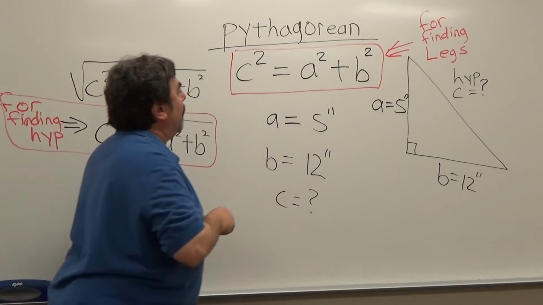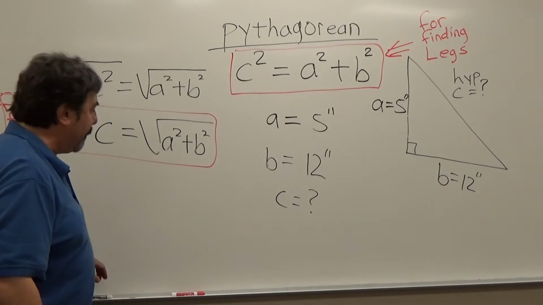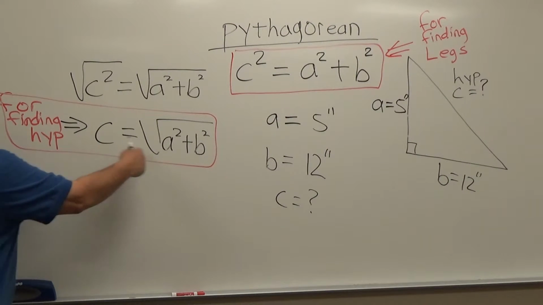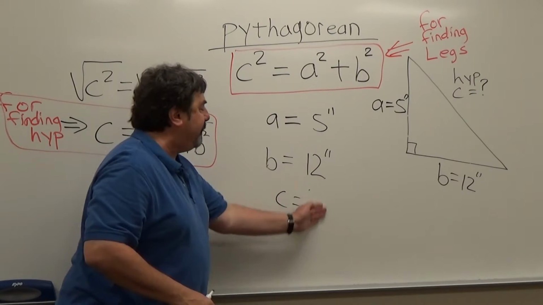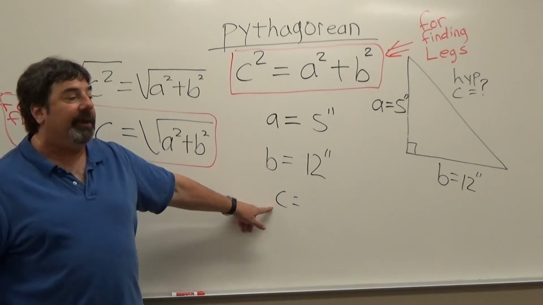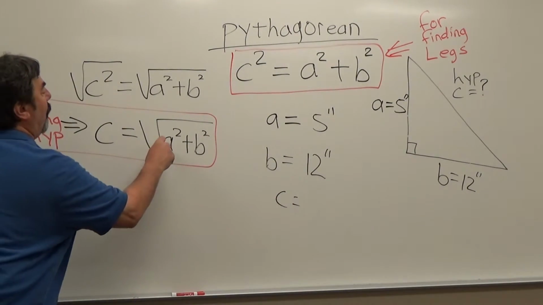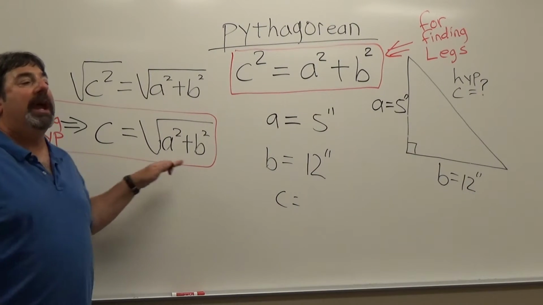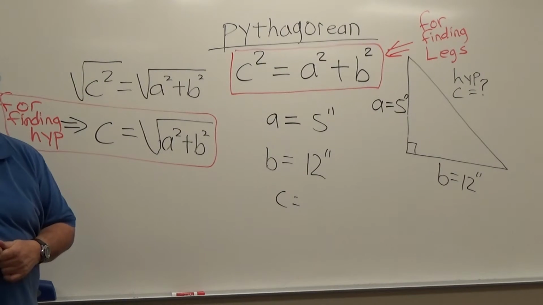All right, very good. So let's go ahead and finish up this problem. What I'd like to do is use this form right here because we're trying to find C, the hypotenuse. So I'm going to write this form down as it is, except wherever there's a variable, A and B, I'm going to put a set of blank parentheses.